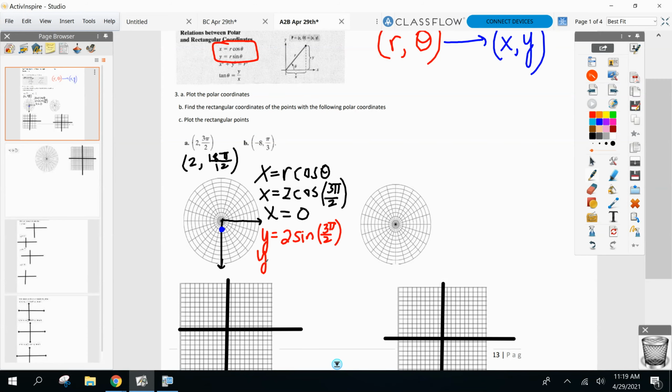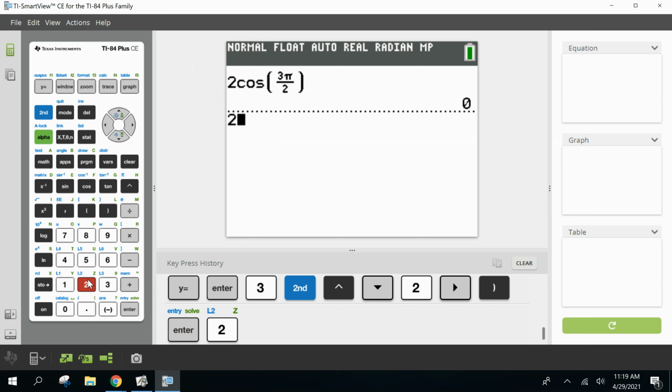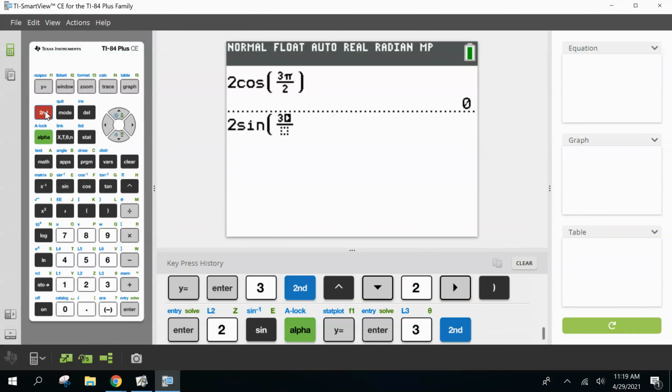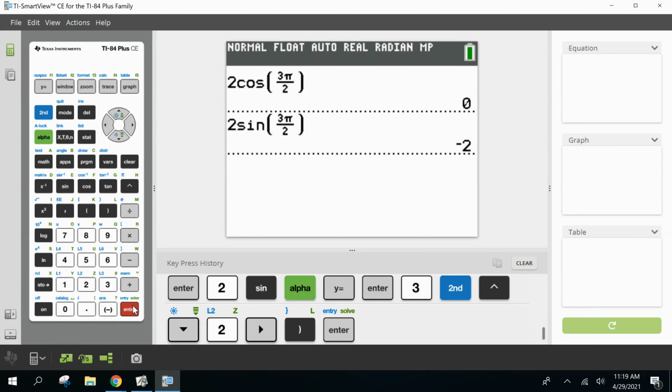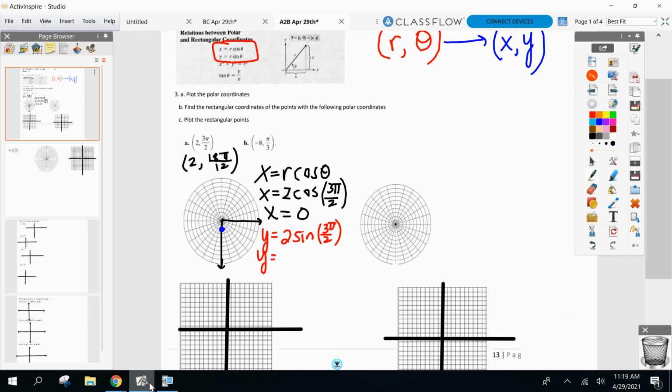I'm just going to let you use your calculator. 2 sine 3 pi over 2. -2. So y equals -2.